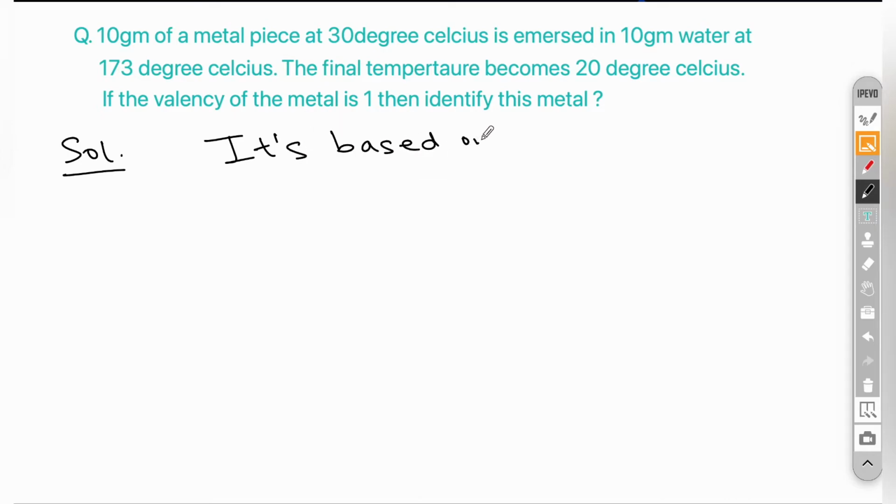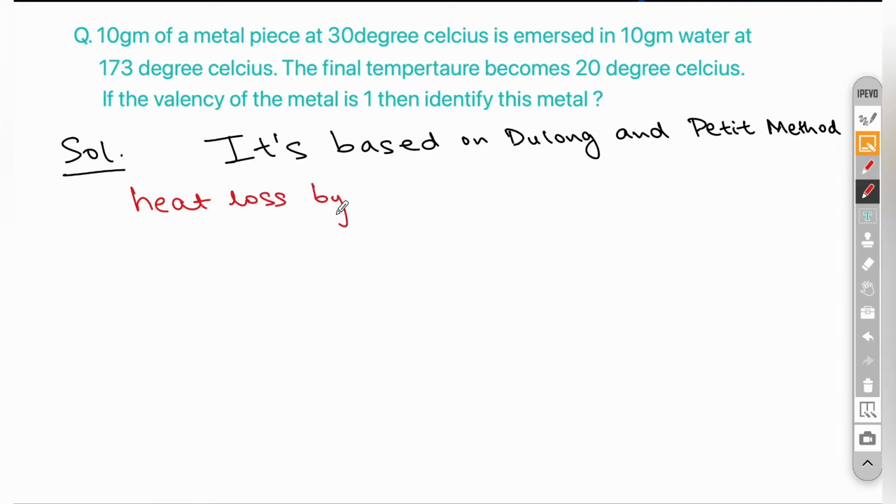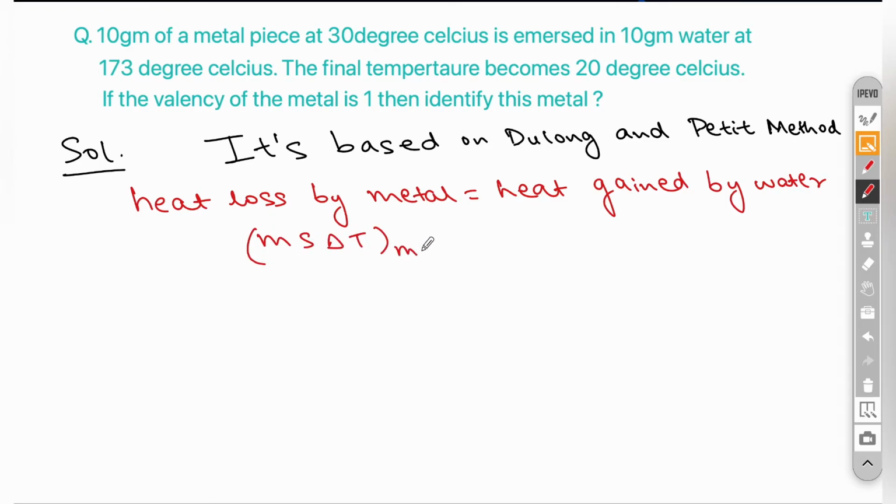Now we'll solve it. It's based on Dulong and Pettit method because metal is involved. Therefore Dulong and Pettit method. We can write heat lost by metal will be equal to heat gained by water. We know the formula for heat is m s delta T. m s delta T for metal will be equal to m s delta T for water. We will discuss more about this formula in thermodynamics.